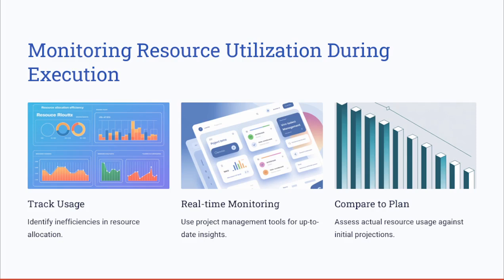For example, in a software upgrade project, tracking developers' hours versus the planned effort highlights the areas that may need an adjustment or improvement. So again, to monitor the resources of your project during the execution, ensure to track the resource usage to identify inefficiencies, use the project management tools for real-time monitoring, and compare the actual resource usage against the plan.